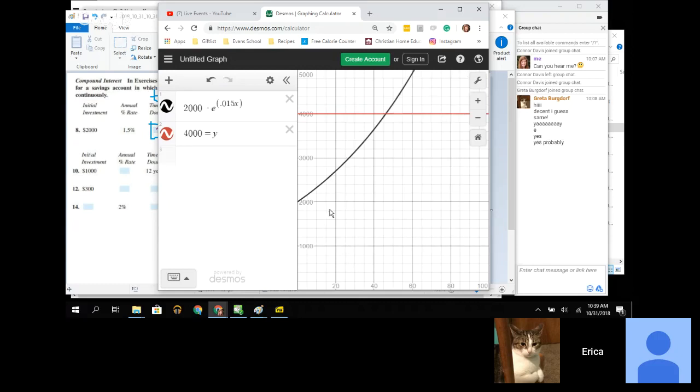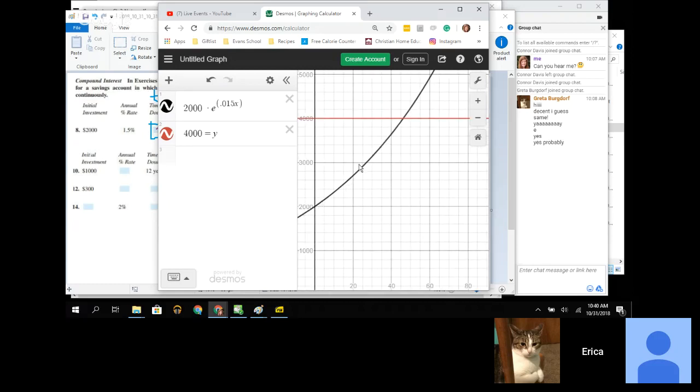So this is how your money grows throughout the years. And you can see that when I have 46.2 years, I get $4,000.